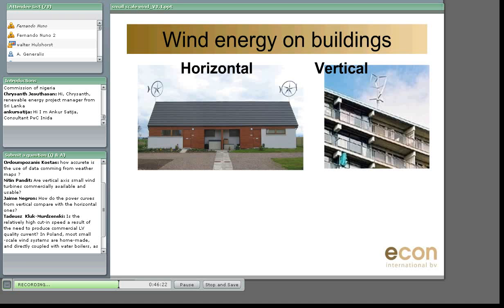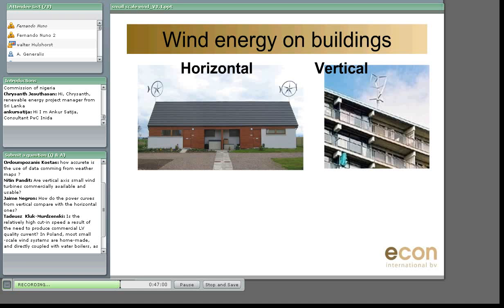Well, in my view, cutting speed is first of all an aerodynamic issue. But Walter, I give you the floor, whether you have more information on higher or lower cutting speeds. In general, everyone would like to have a cut-in speed which is as low as possible, but it has to do with some physical elements of the system.